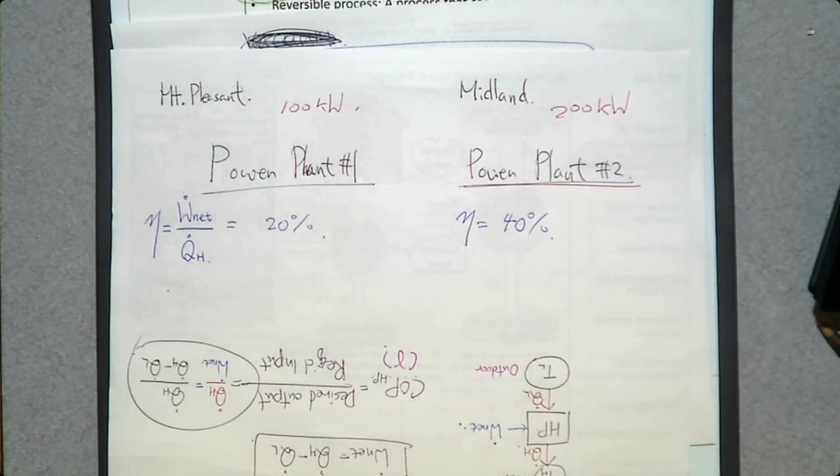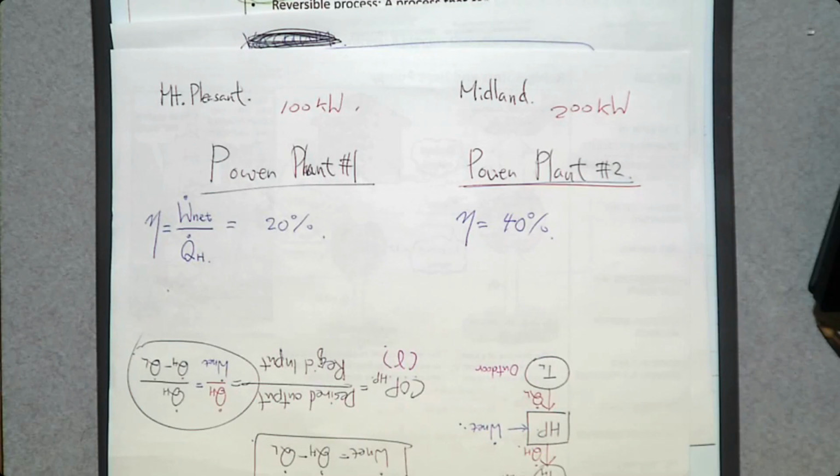Then you have no idea about the very details of how the power plants are designed by just looking at the present efficiency. Which power plant has more room for improvement? Which power plant will be easier to improve?